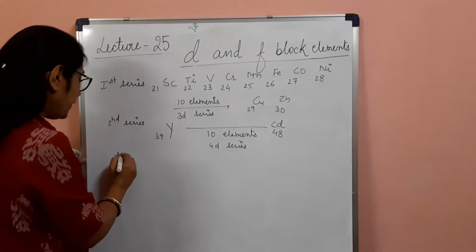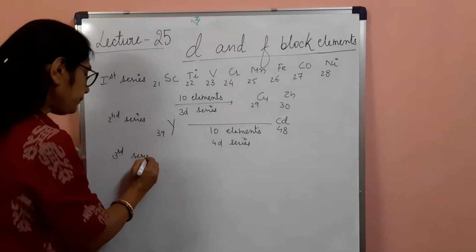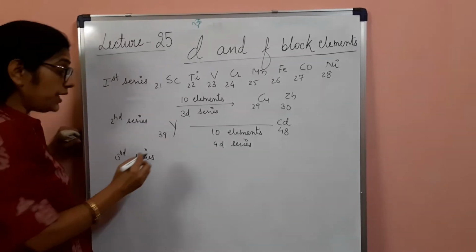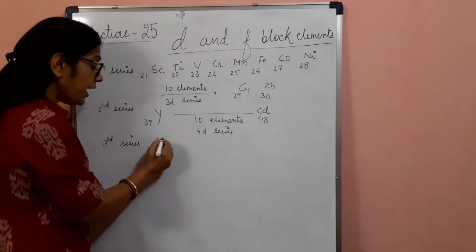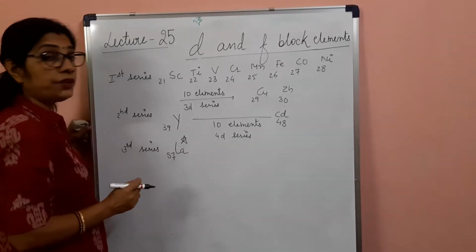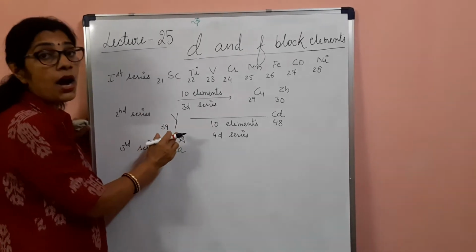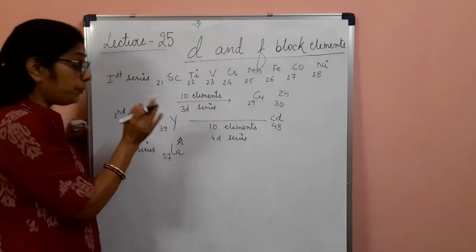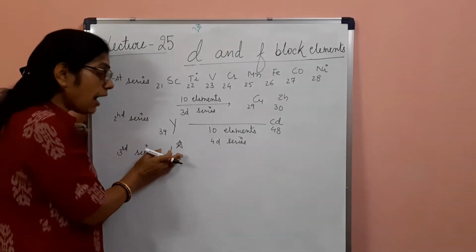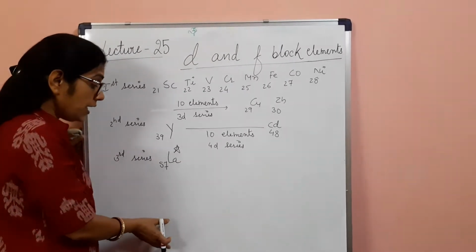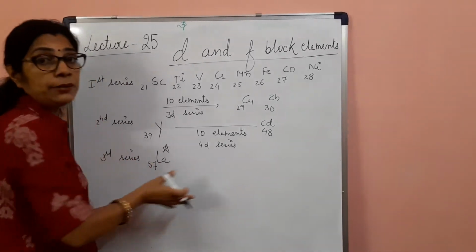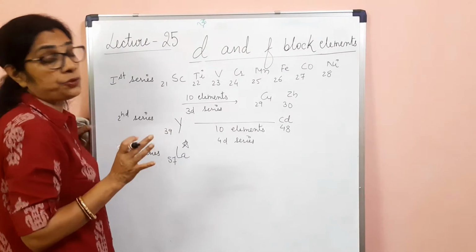Now the third transition series: lanthanum 57, and you can see in the periodic table there is a star mark on lanthanum because immediately after lanthanum, at the bottom of the periodic table, cerium to lutetium, that means lanthanoids, are placed over there.